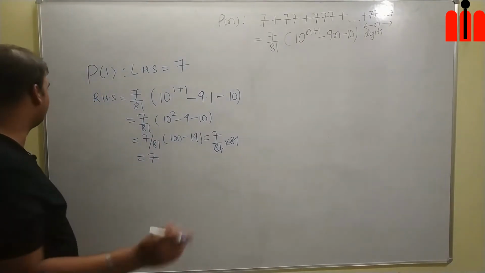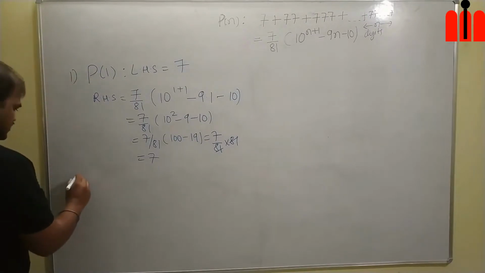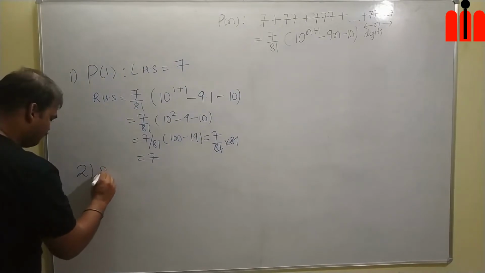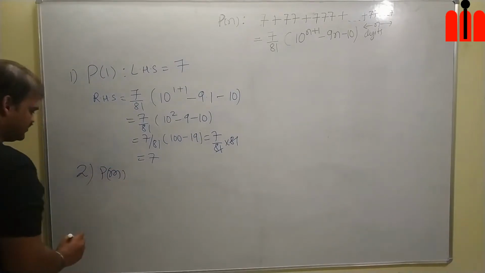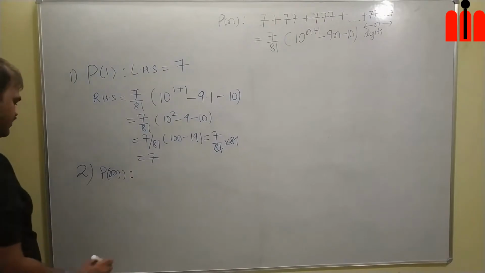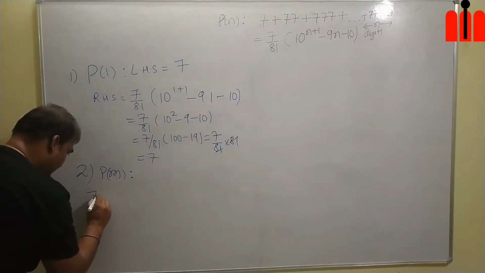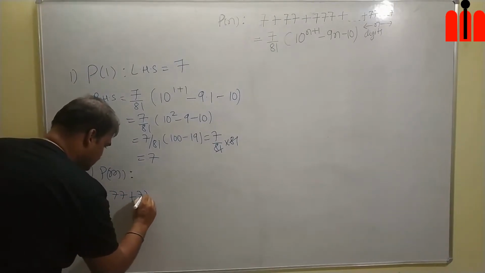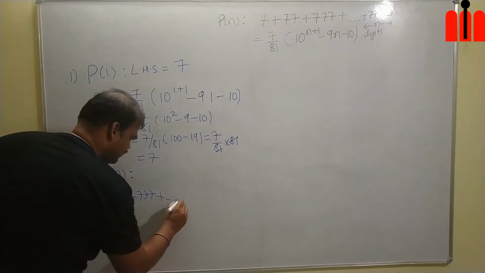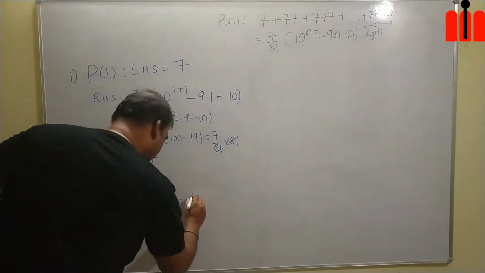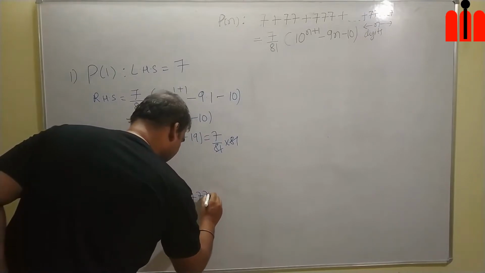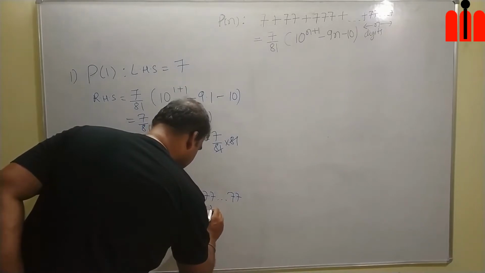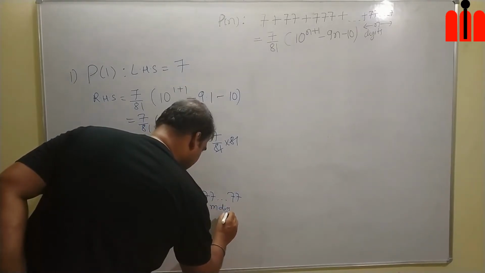Now let's move on to my second step, which is the assumption step. So I have to write a Pm statement. How will my Pm statement look? It will be 7 plus 77 plus 777 up to 777 with m digits.